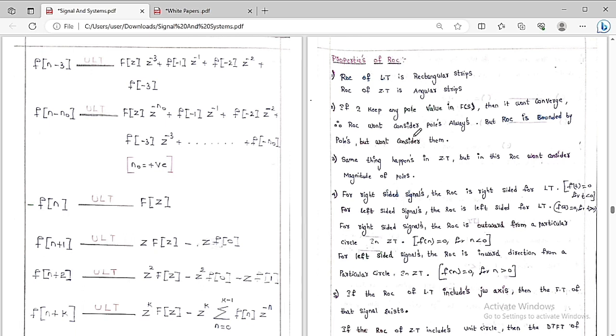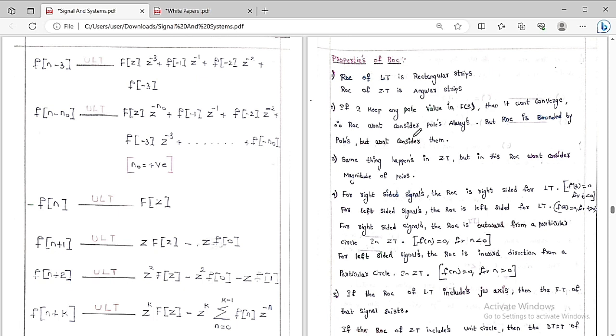Whenever you keep any ROC value in F of s or F of z, you should get a finite value, but here you get an infinite value. Therefore the ROC won't consider the poles. ROC is always bounded by the poles, but it won't include them.